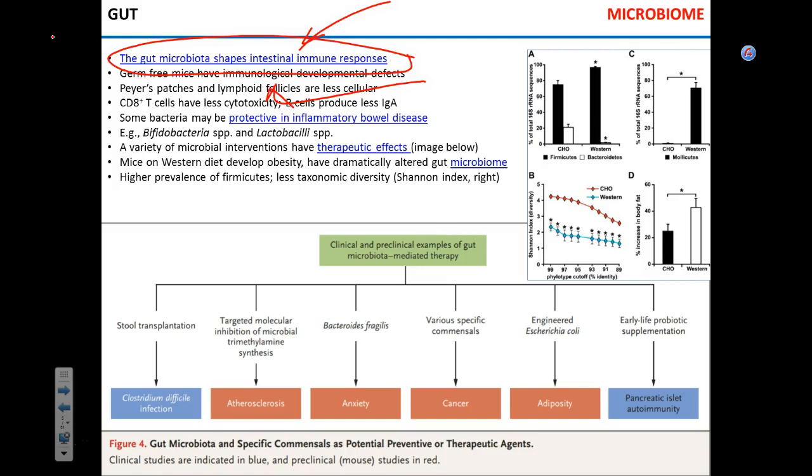The CD8 T cells, the cytotoxic lymphocytes, have lower toxic properties, so they are immunologically inferior to mice with the proper intestinal microbial population. It was actually shown that some bacteria can reduce the symptoms and signs of inflammatory bowel disease.